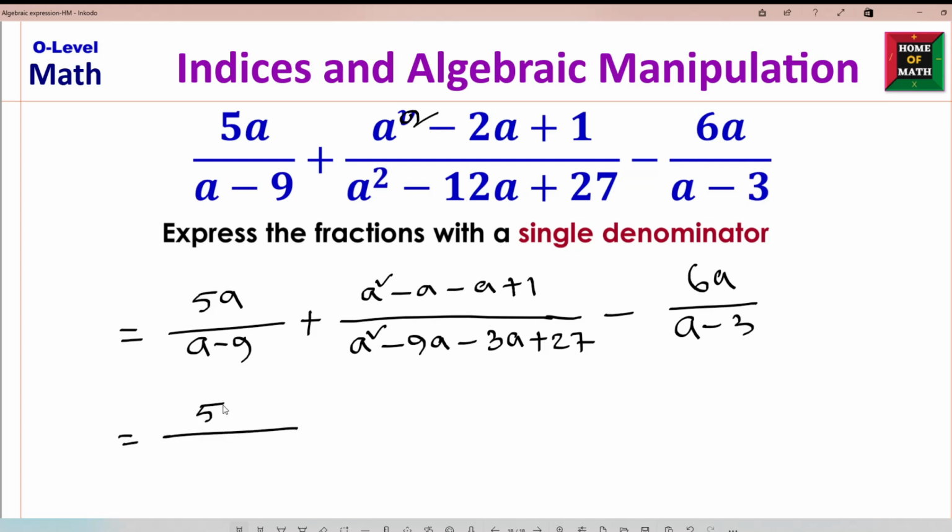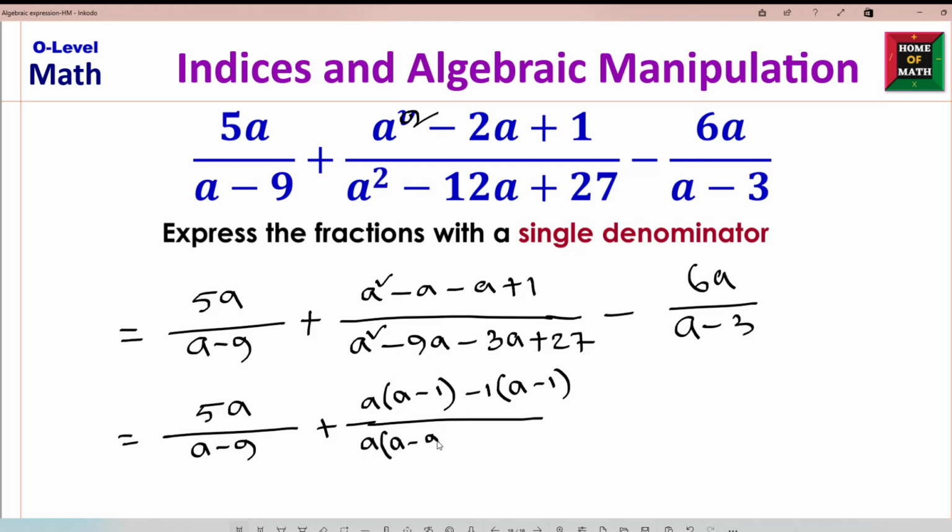So 5a divided by a minus 9 plus, if we take common, a minus 1 common, a minus 1 into a minus 1, and here a minus 9 minus 3 common, a minus 9, minus 6a divided by a minus 3.